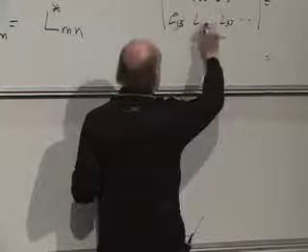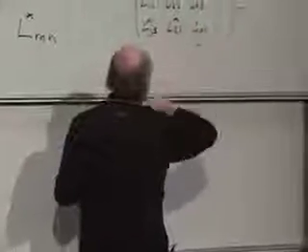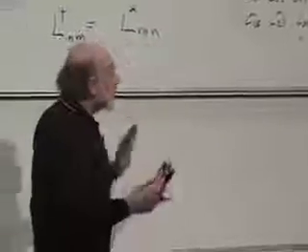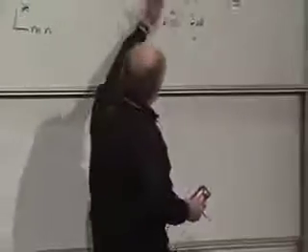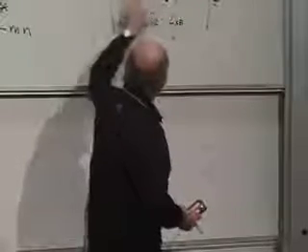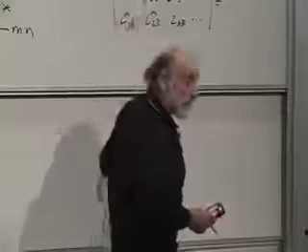This is L23 star, and so forth. L33 is real. All right, so the rule for a Hermitian operator is that the diagonal elements are real, and the off-diagonal elements, the mirror images, are complex conjugates of each other.